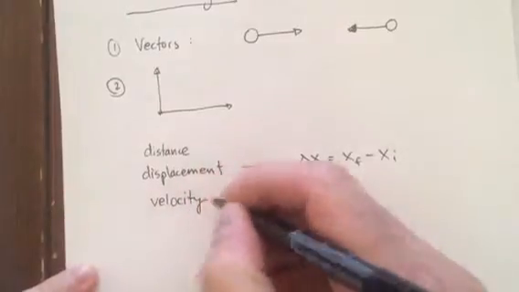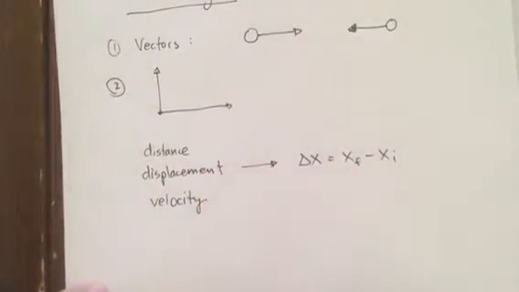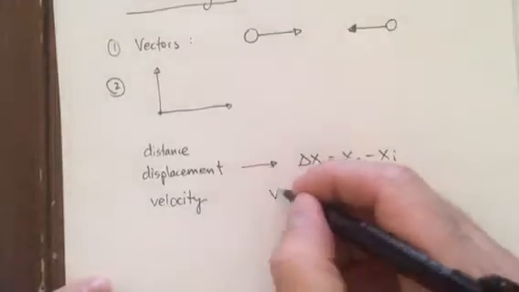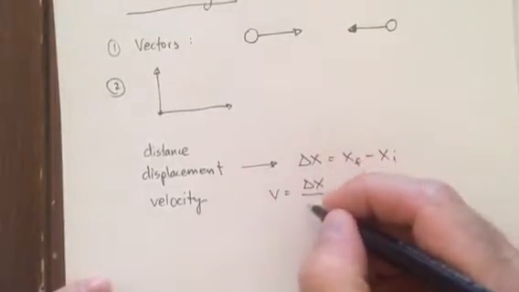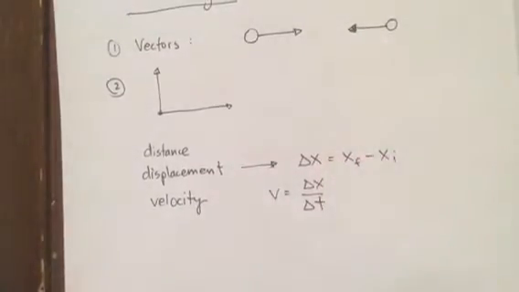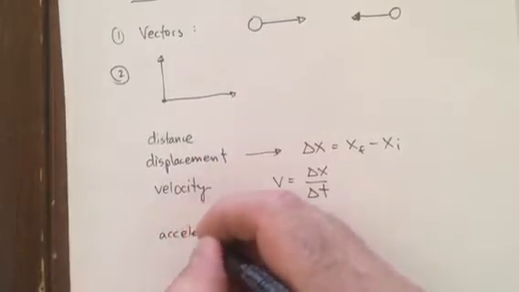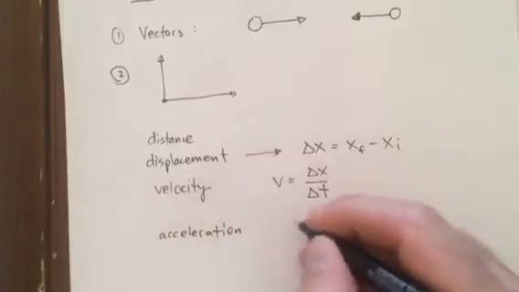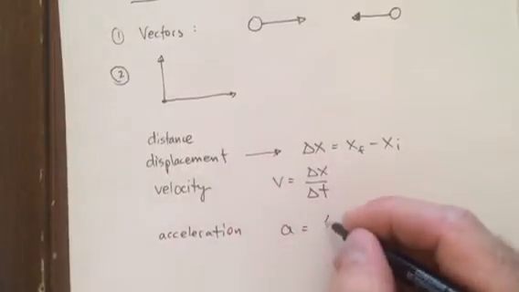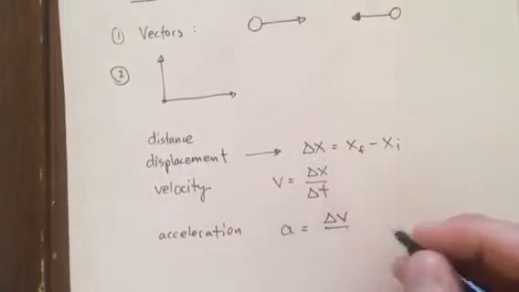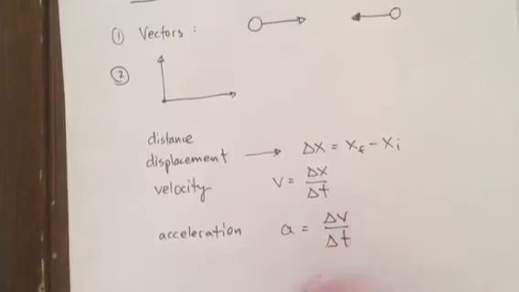Velocity is the change in position over time. So velocity equals the change in position over how much time goes by. And then lastly, acceleration is defined as the change in velocity, if it happens to change, over how much time goes by.